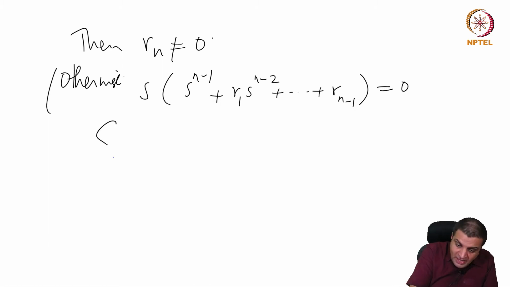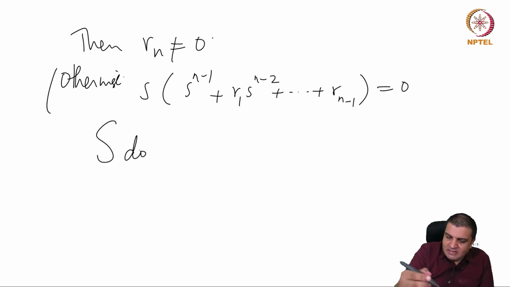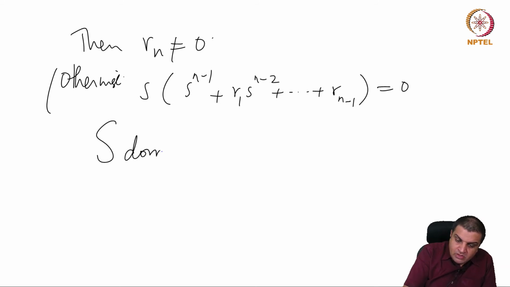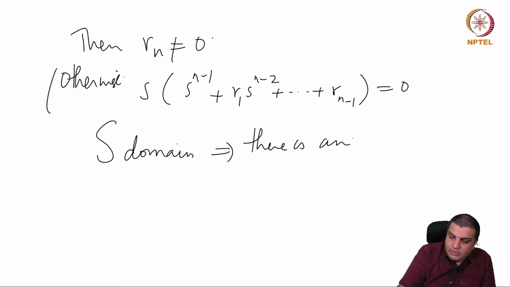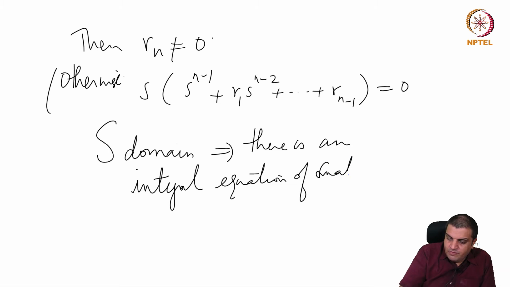But S is a domain, and this is where it is used, and exactly this is the step which would fail in the example I mentioned above. S being a domain implies that there is an integral equation of smaller degree.